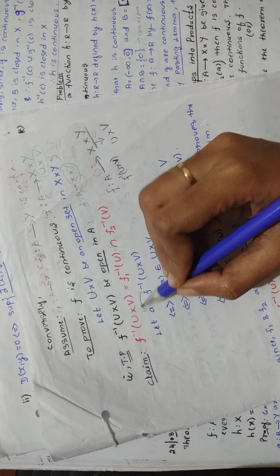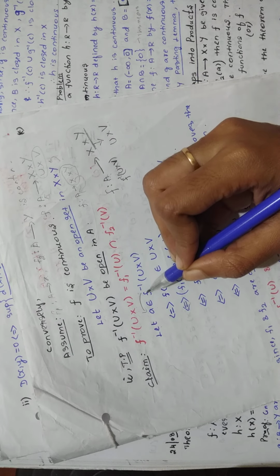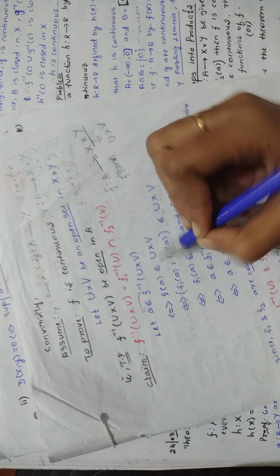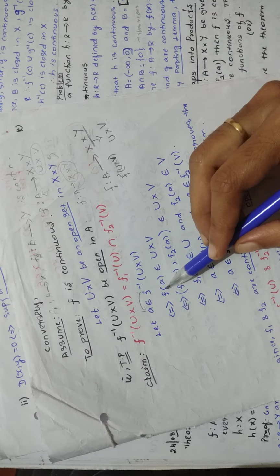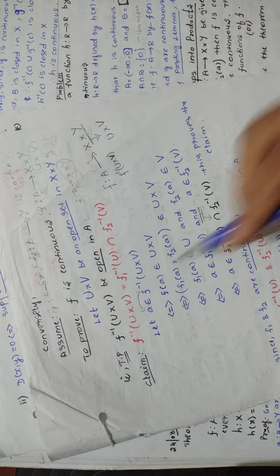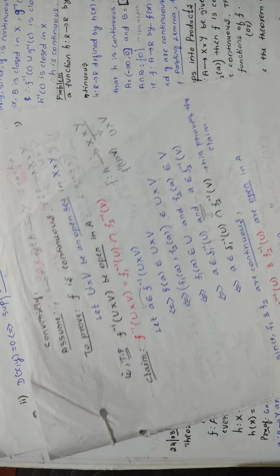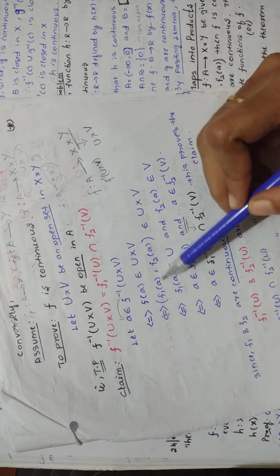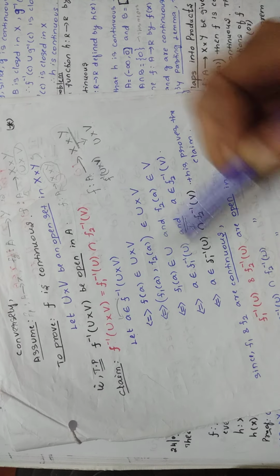Let A belong to f inverse of u cross v. Bringing f to this side, we get f of A belongs to u cross v. In our statement we have f of A equal to this value, so substituting it, f1 of A comma f2 of A belongs to u cross v.